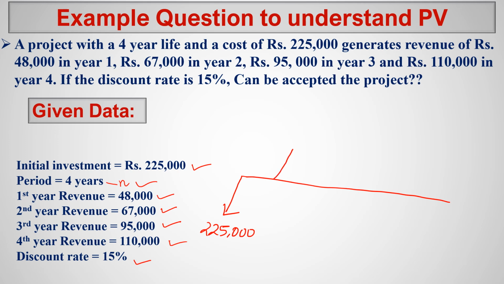Then the first year we are getting 48,000, and the second year we are getting 67,000, and the third year we are getting 95,000, and the fourth year we are getting 110,000.